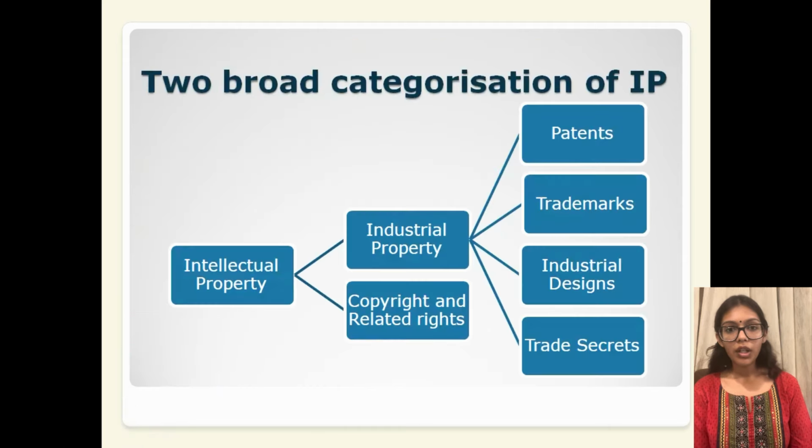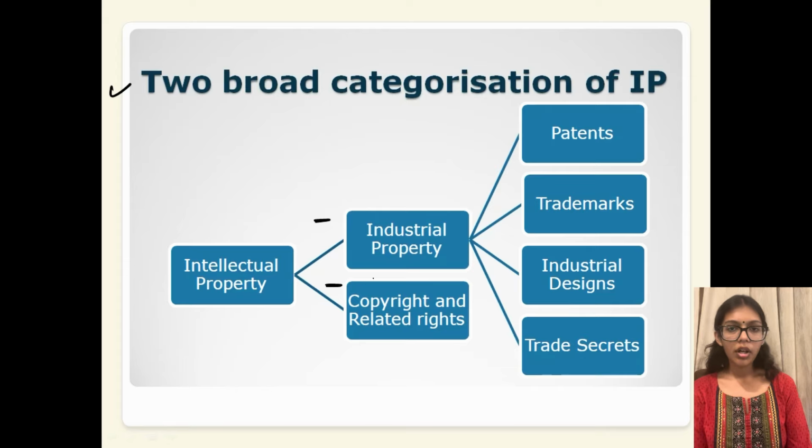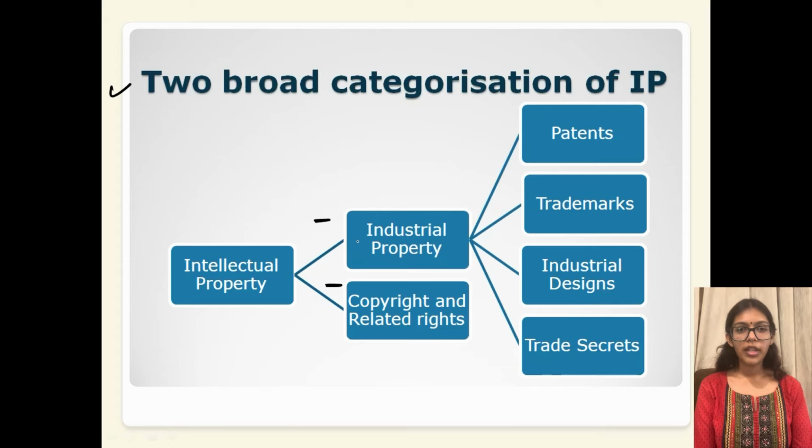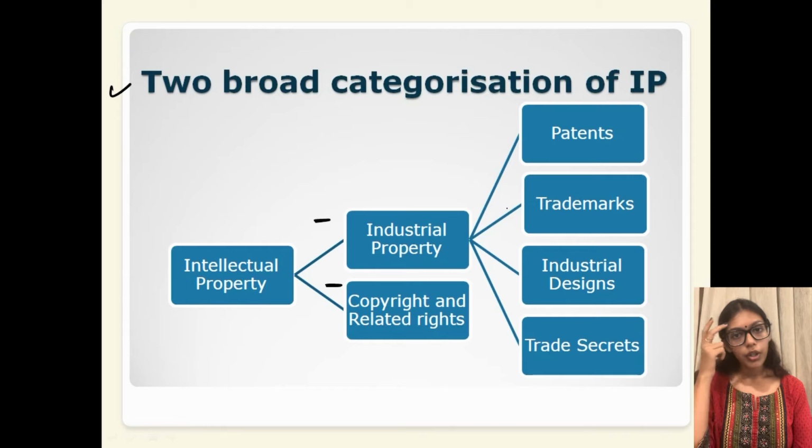Anyway, let's talk about the last topic of today's session, which is the broad categorization of intellectual property. Now, here the first one is industrial property and the second one is copyright and related rights. Also, don't worry, we will go through everything one by one in depth in the later sessions. This is just to provide you with a broad idea. Okay, so coming back to the topic, industrial property covers rights that protect innovation and commercial identity.